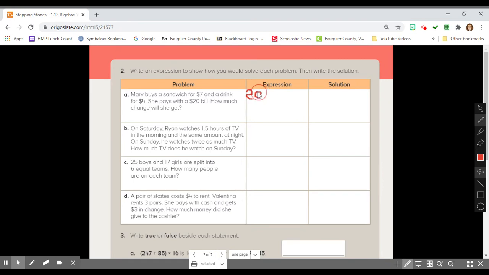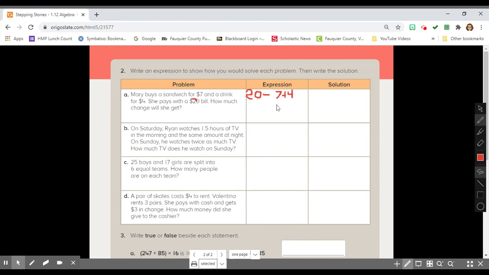And she bought $7 and $4, right? And that was taken away from the 20. So that's 20 minus 7 plus 4.